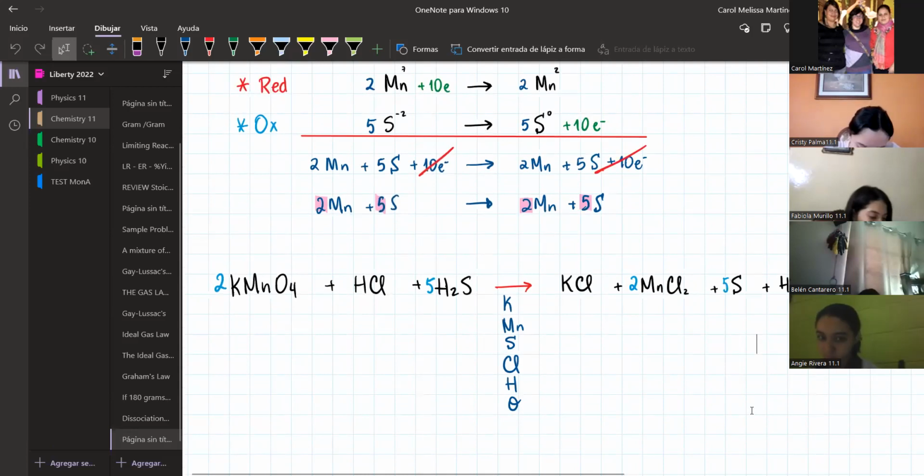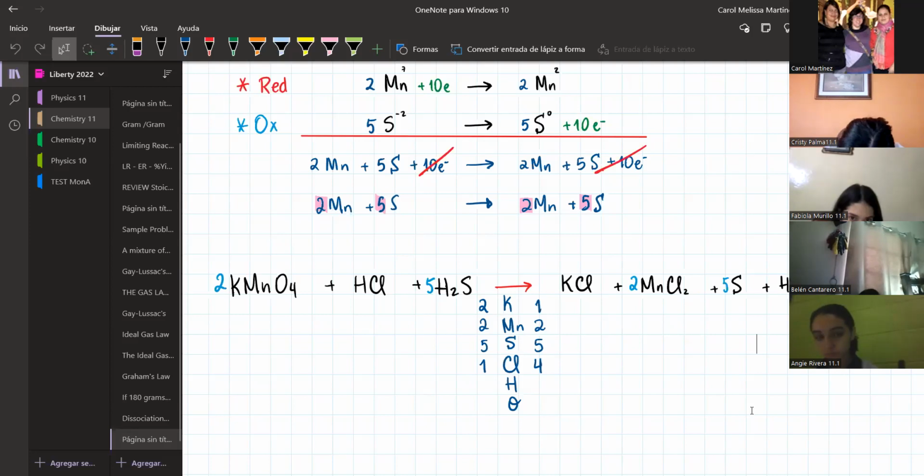I have 2 potassium over here, 1 potassium over there. 2 manganese, 2 manganese. I have 5 sulfur and I have 5 sulfur. I have 1 chlorine and here I have 4 chlorine. Here I have 10 hydrogens, no, 11 hydrogens.